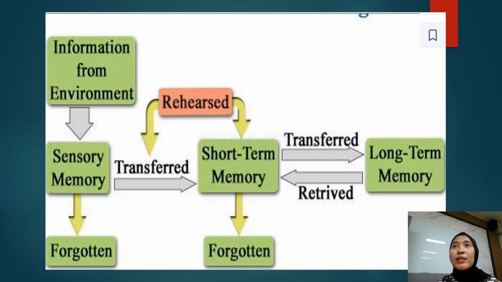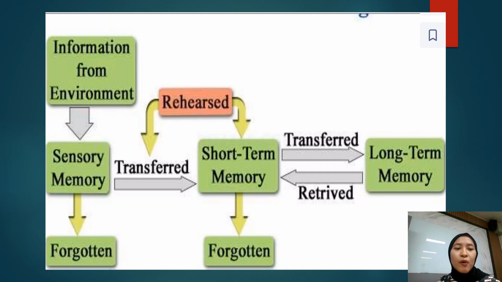So for example, when we see something, when we touch something, sense something, smell something, and so on. If the information is considered important, then it will be transferred to the next system. If it is not, then most likely the information will be forgotten.